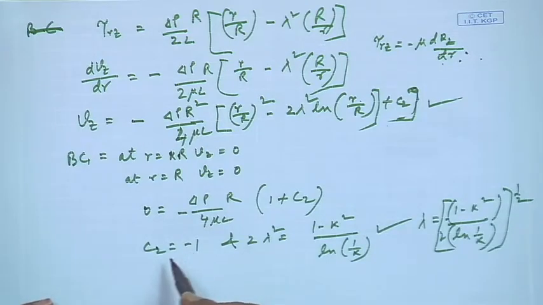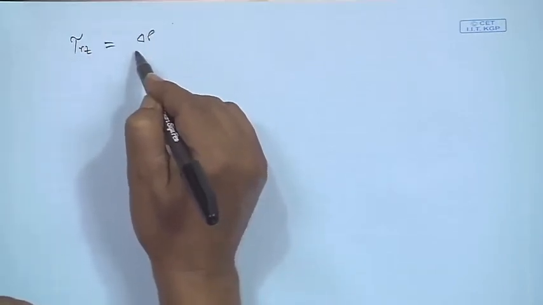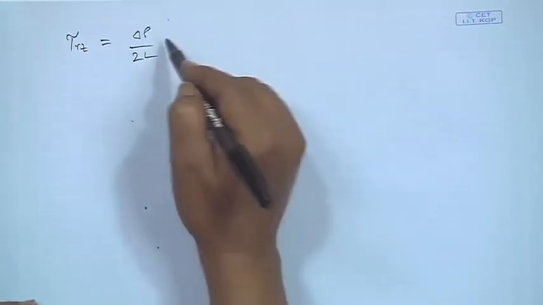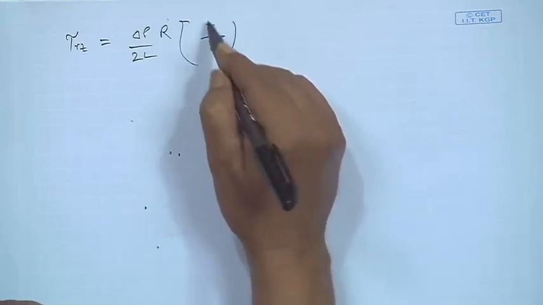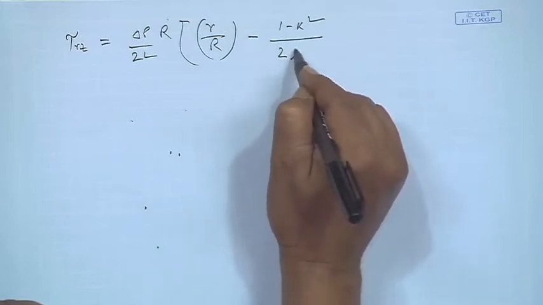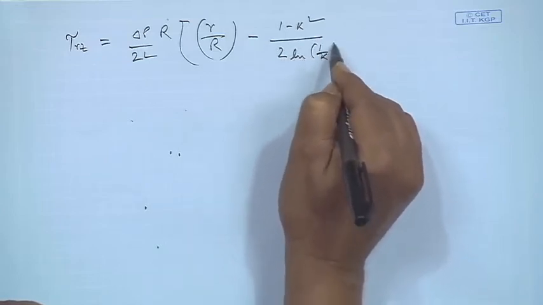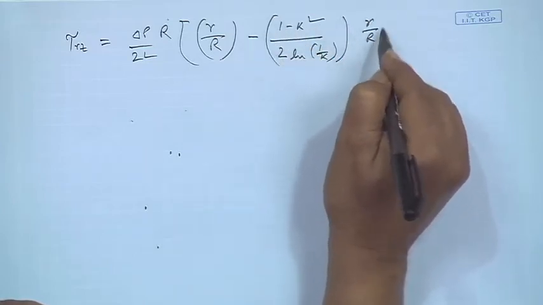So, if we know C2 and lambda, then we can say that tau r z is now becoming equal to delta p over 2L into R times r by R minus 1 minus k square divided by 2 ln of 1 by k, into R by r.